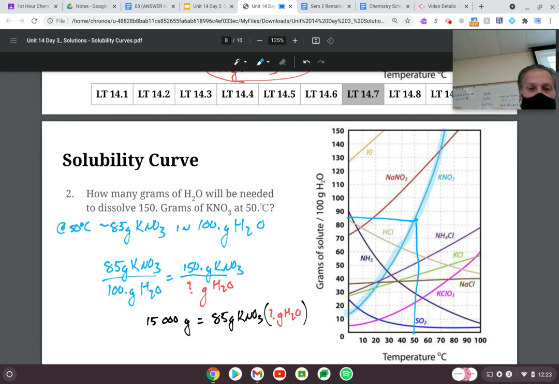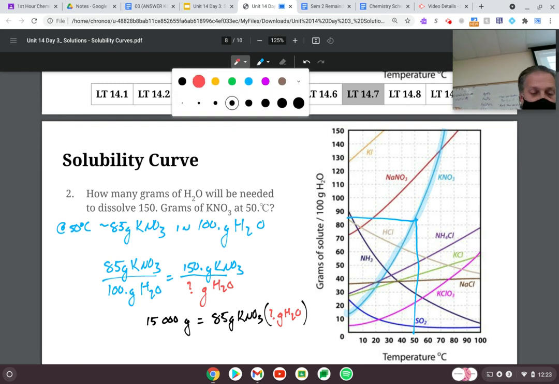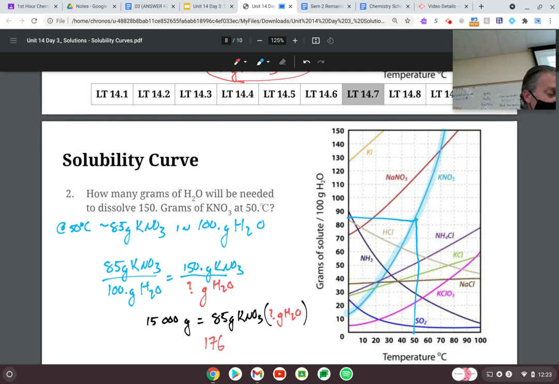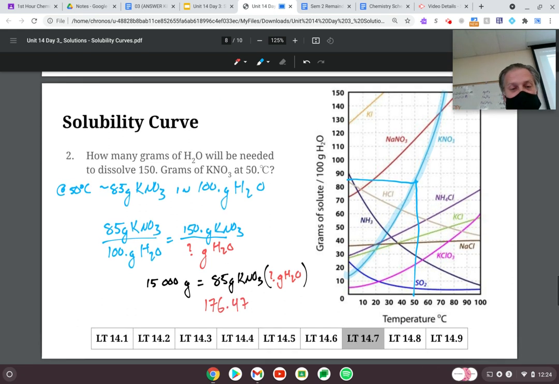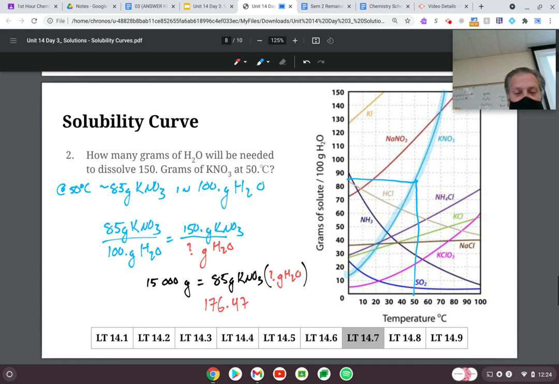And we are going to get this time a value somewhere in the ballpark of 176.47, but with sig figs, because there are 2 sig figs in the problem, it's really going to be like 180 grams of water is what we're going to need.